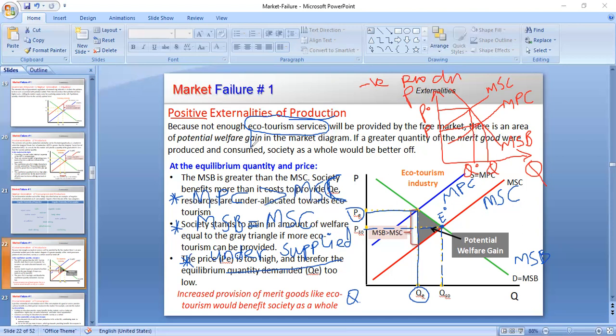But at the end of the day, we realize that the benefits that the society attains from these tourism attractions, like forests, like rivers, is more.